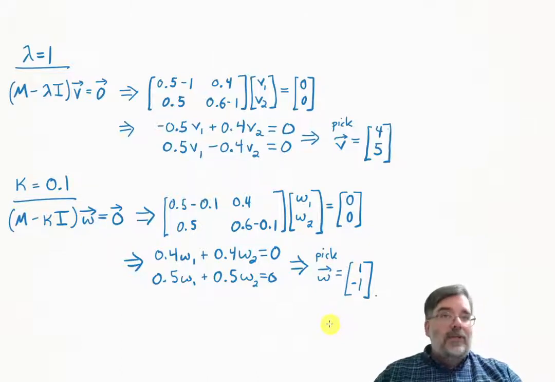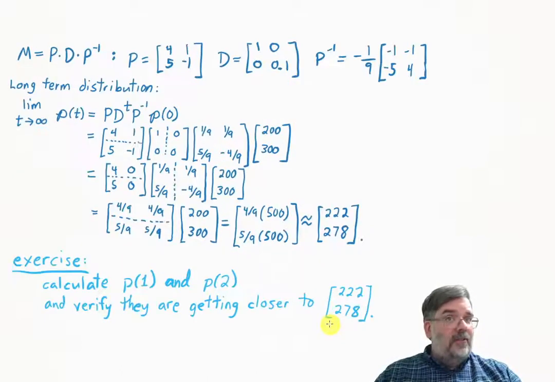All right, once you have the eigenvectors, we now put them together to get our diagonalization. Here's our diagonal matrix with the eigenvalues. Here's the eigenvector matrix, whose columns are eigenvectors. And then the inverse of that matrix, here the determinant is -9.